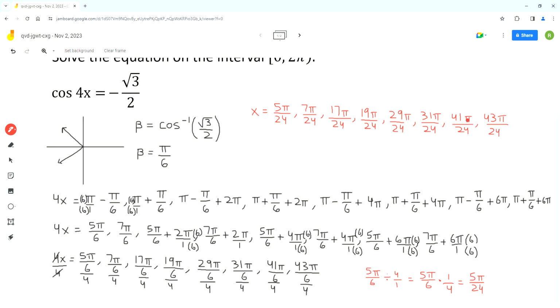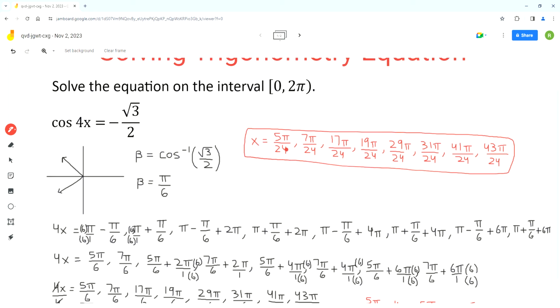So in this case, we got 8 solutions. And we can check that these values are in this interval. So 43 pi over 24 is less than 2 pi because 43 is less than double of 24.